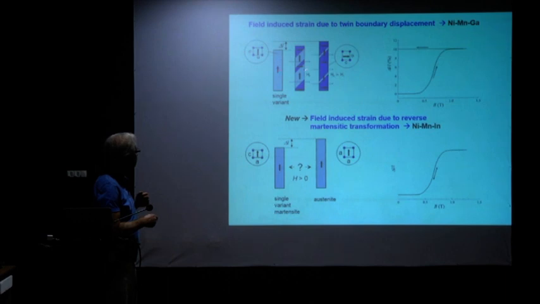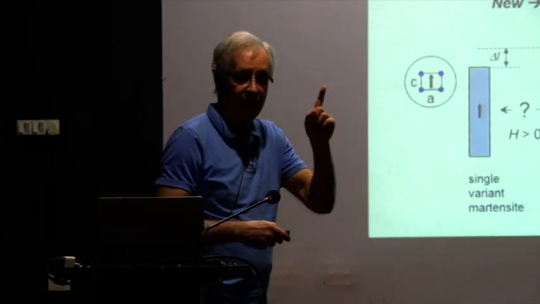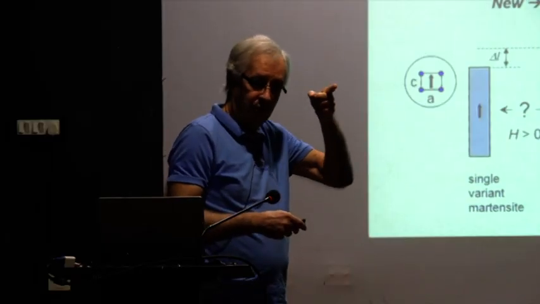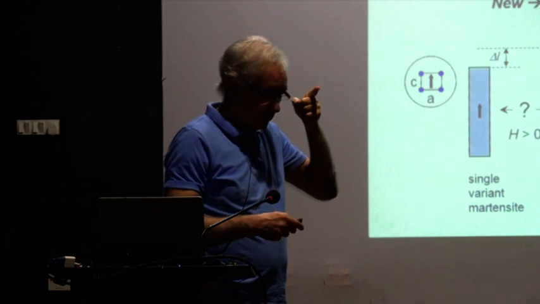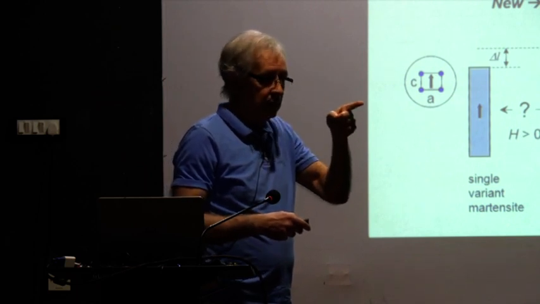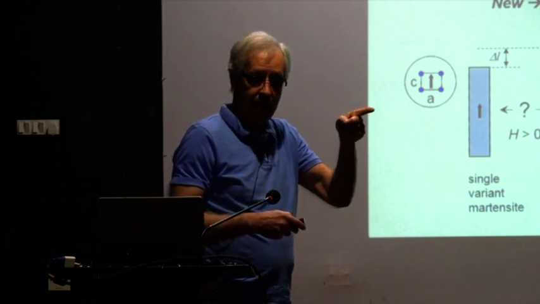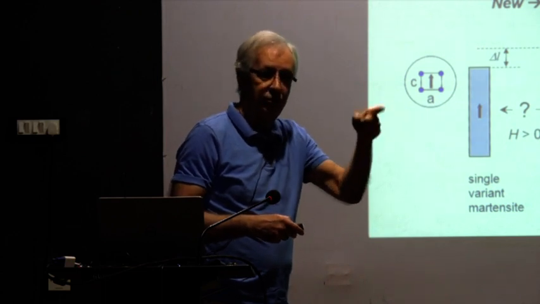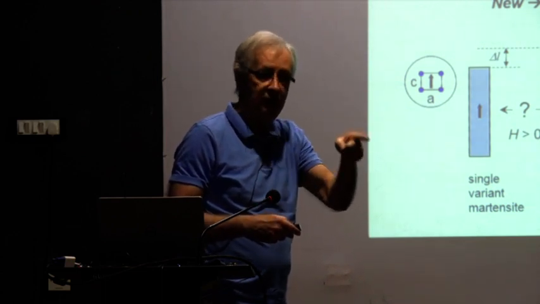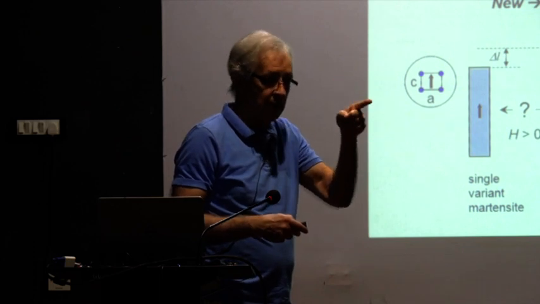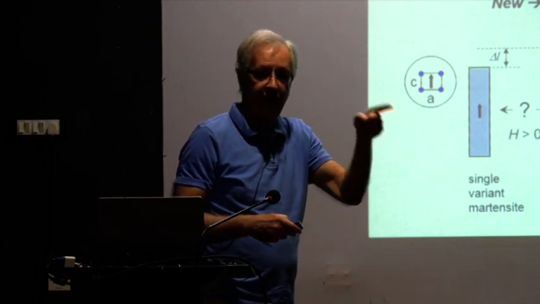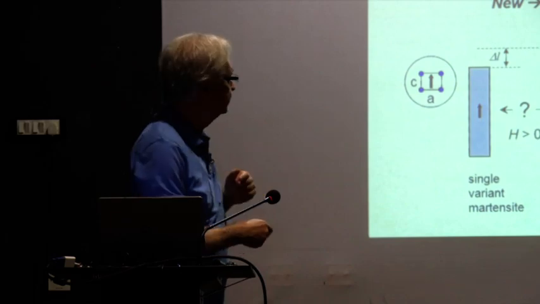So the C is now growing in this direction because we have a strong magnetocrystalline anisotropy. So the field is selecting, indirectly through the coupling of the spin to the structure, the C direction as being parallel to the field.